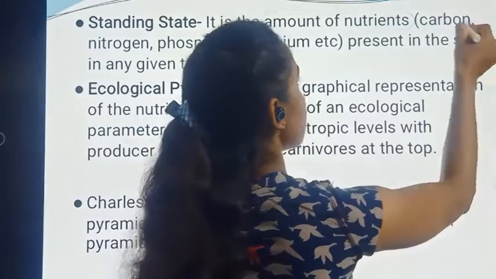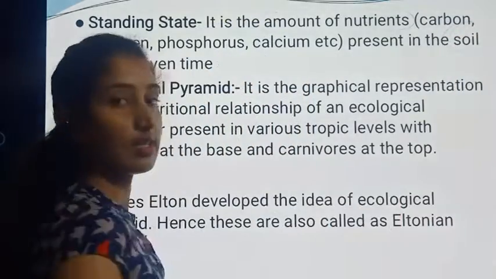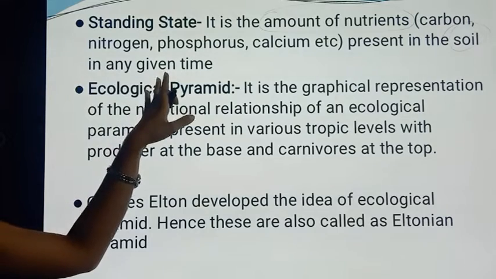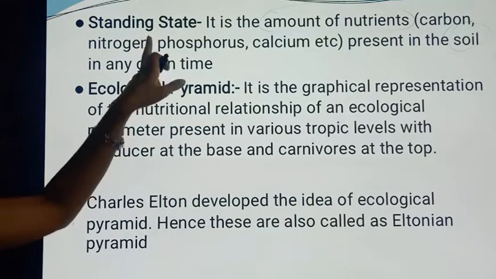The amount of nutrients present in the soil at a given time is called the standing state.